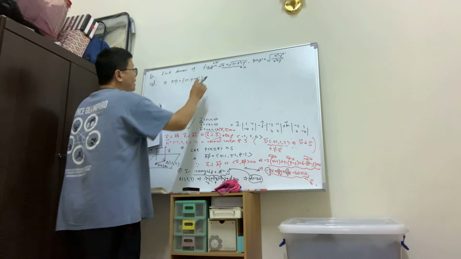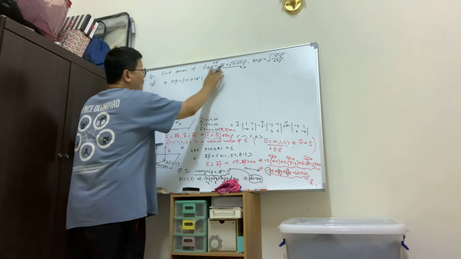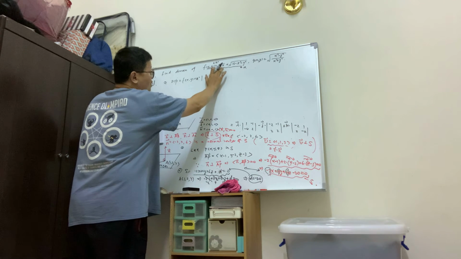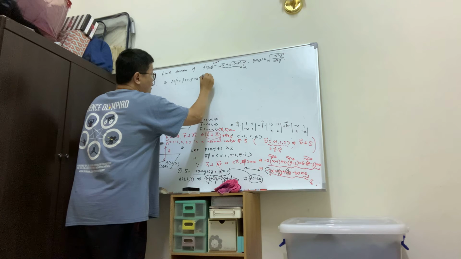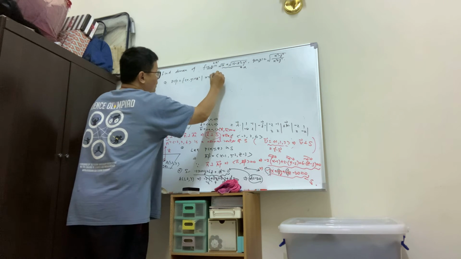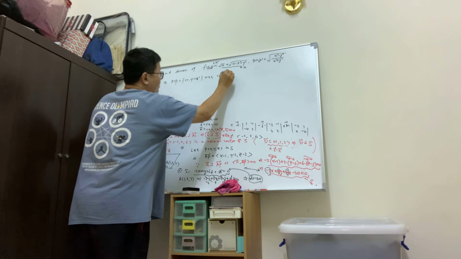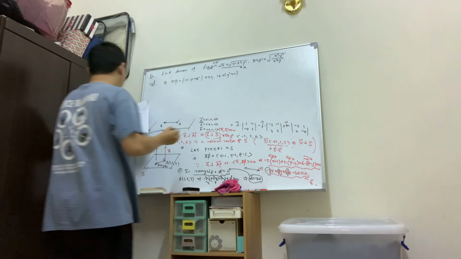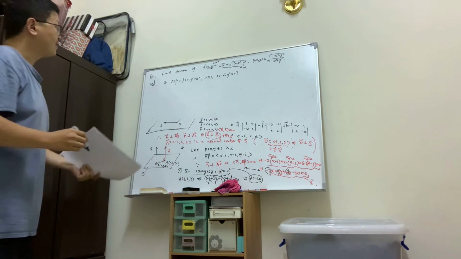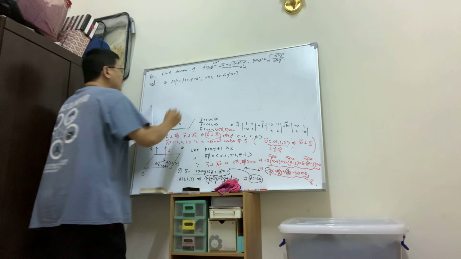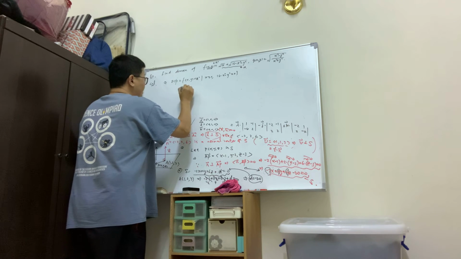But to be a real number, it should make sense. So once you see the square root, the expression inside should be non-negative. So of course, it's of this form. But for this form, actually we could write it this way.